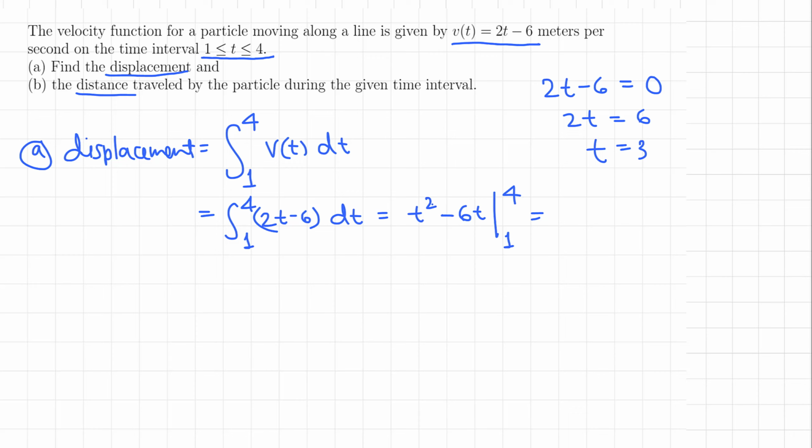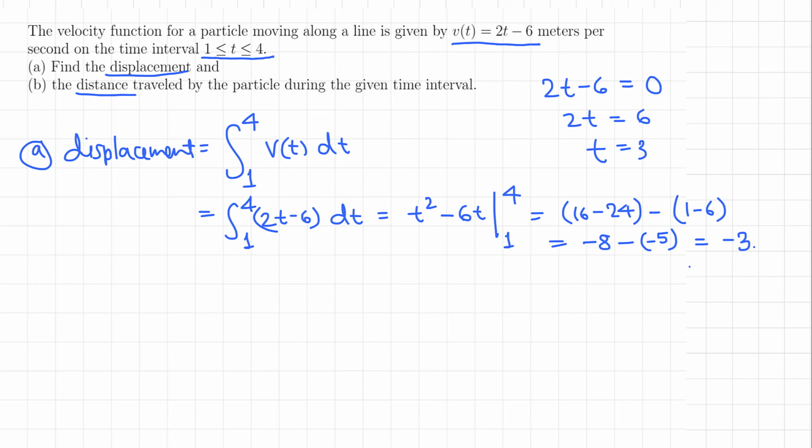Plug in the upper limit, 4 squared, 16, minus 6 times 4, 24. That's the upper limit, minus the lower limit, 1 squared, 1, minus 6. That is negative 8 minus, that's negative 5. Negative 8 plus 5, so negative 3.